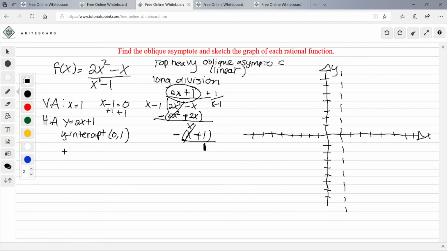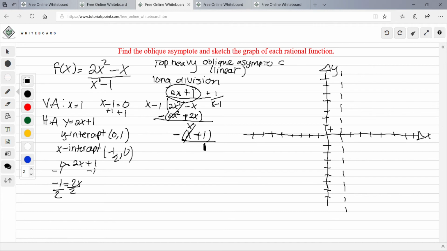And then our x-intercept: you set 0 for y, so 0 equals 2x plus 1. Subtract 1, so negative 1 equals 2x, divide by 2. So the x-intercept is negative 1/2, comma 0.